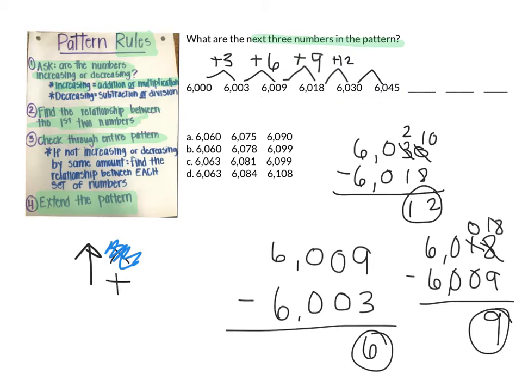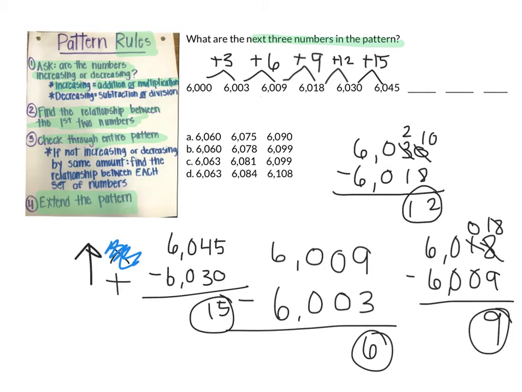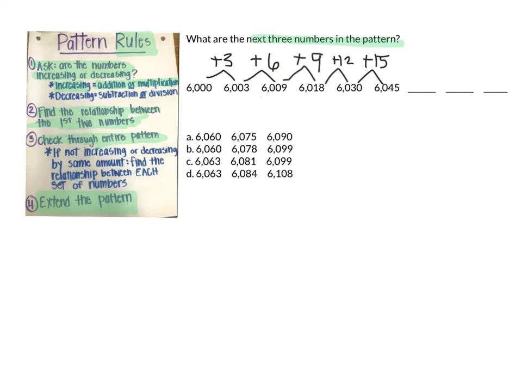So we've got 6,045, take away 6,030. 5 minus 0 is 5. 4 minus 3 is 1. 0 minus 0 is 0. 6 minus 6 is 0. So we've got 15. We can add 15, right? 6,030 plus 15 is 6,045.